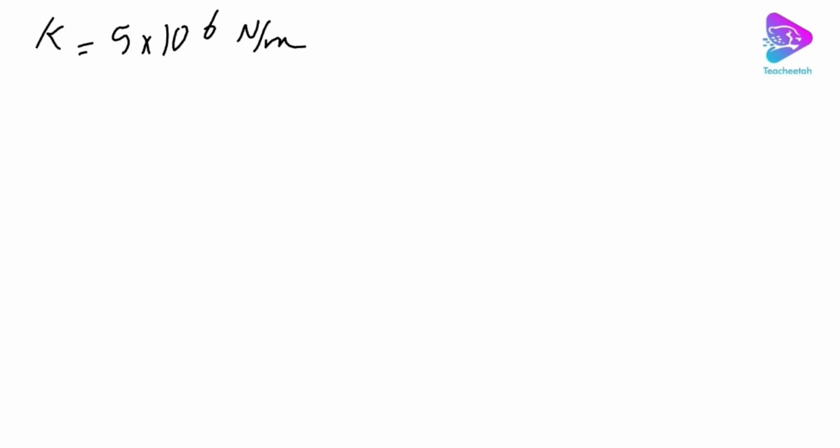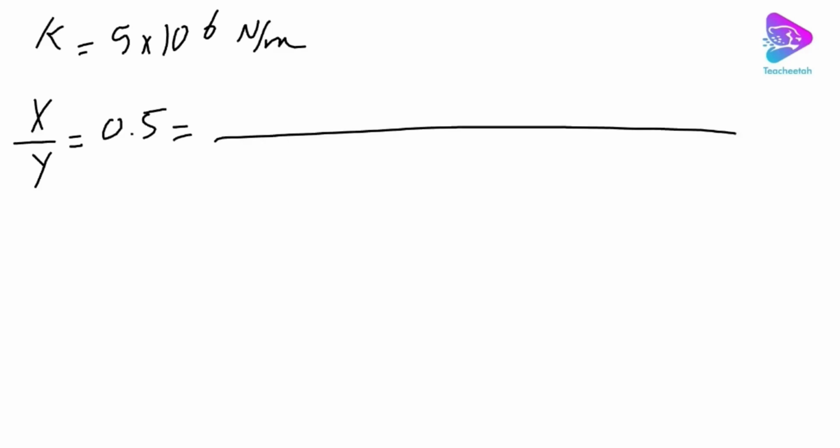So we have x over y, which was 0.1 divided by 0.2, which is half, equal to the lengthy expression, where we just need to plug in k from the previous case. So we have, let's say, 25 times 10 to the power of 12 plus 2.46 times 10 to the power of 4 times c squared.